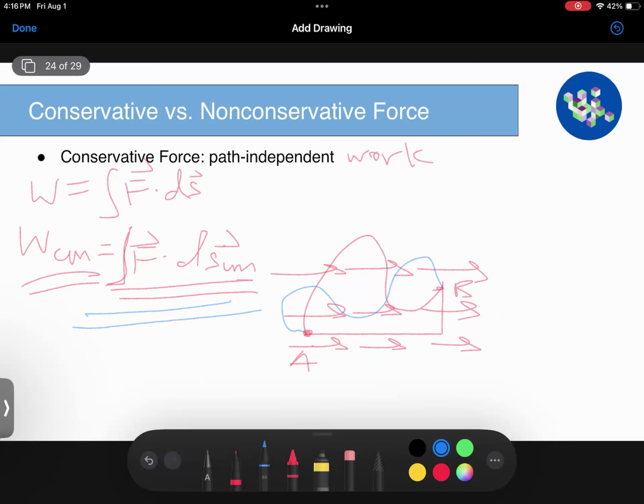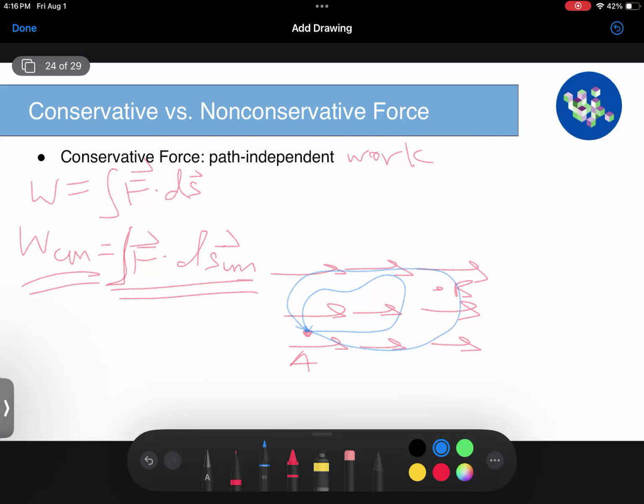Another way of saying this is, if we're looking at a particle and it moves from point A back to point A, it can take a path like that, it can take a path like that, it can just not move at all.